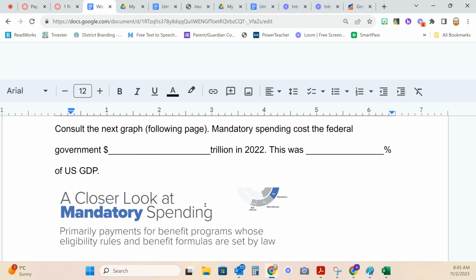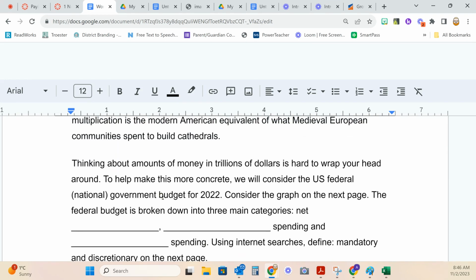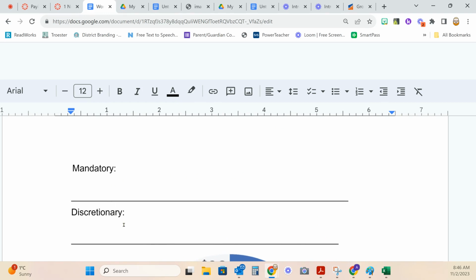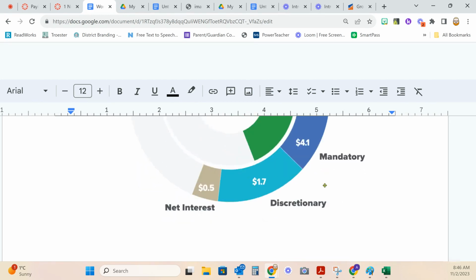So I know, guys, you're sidetracked by billionaires. Again, make sure once you get finished with that first page, using the first infographic, you're going to look up definitions for the terms mandatory and discretionary to understand what these different categories of spending mean.